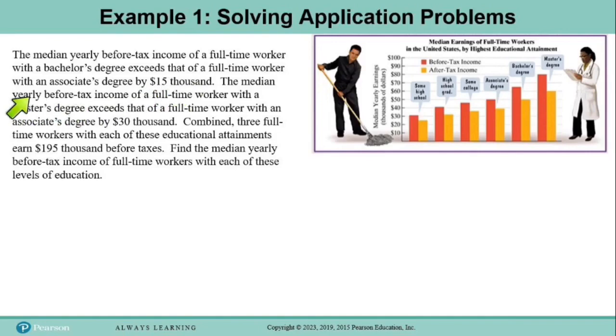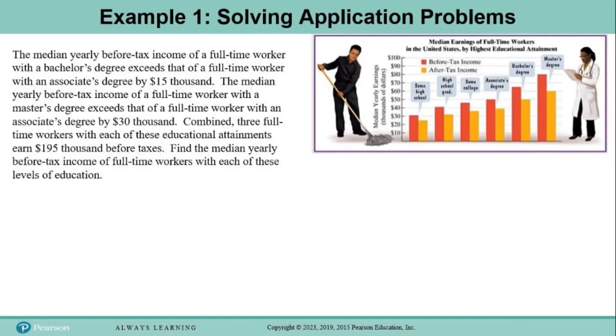The median yearly before-tax income of a full-time worker with a master's degree exceeds that of a full-time worker with an associate's degree by $30,000. Combined, 3 full-time workers with each of these educational attainments earn $195,000 before taxes. Find the median yearly before-tax income of full-time workers with each of these levels of education.